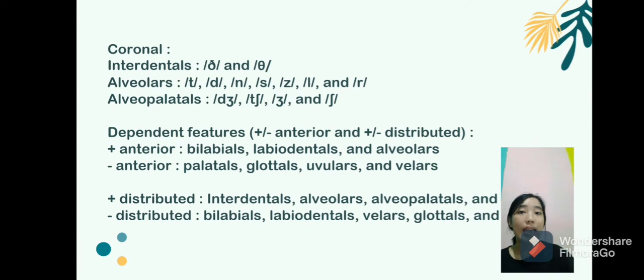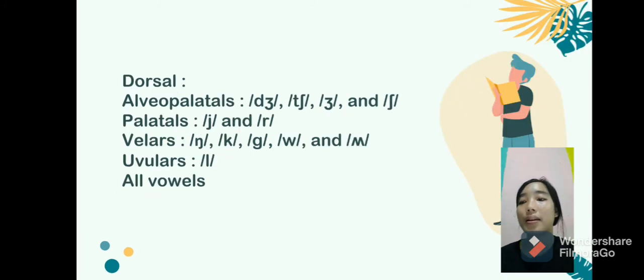And for the next slide, the bottom one, it's about plus distributed: interdentals, alveolars, alveopalatals, and also palatals. For the minus distributed, it's about bilabials, labiodentals, velars, glottals, and uvulars. The last one is about dorsal.